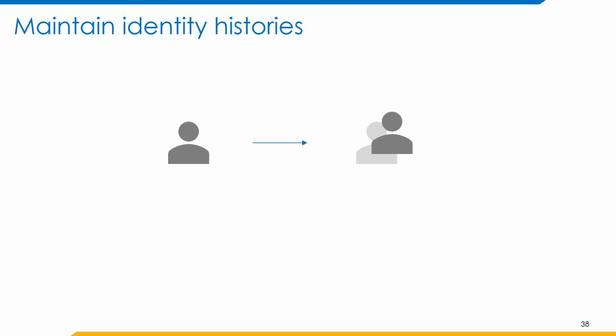For example, for event triggers based on the attribute changes, this kind of change has to be recorded for the comparison of the new attribute value and the previous attribute value. For such reasons, with the help of the maintain identity histories option, we could maintain the snapshots of the identities.